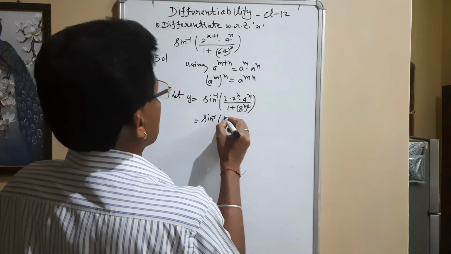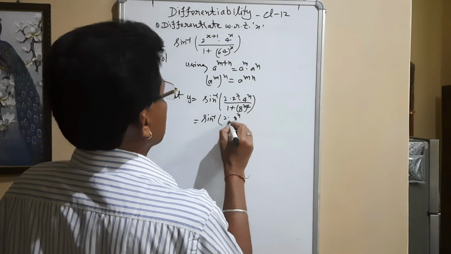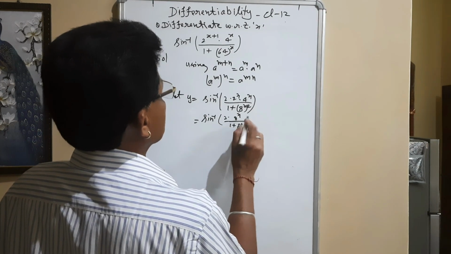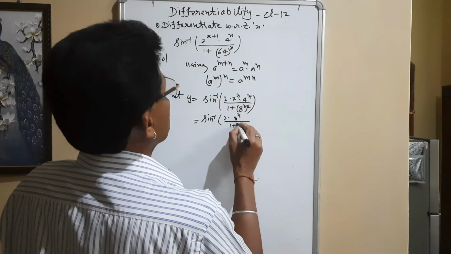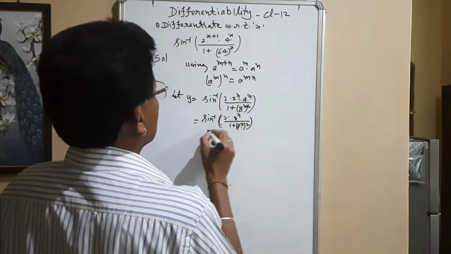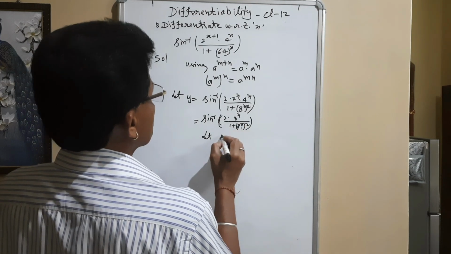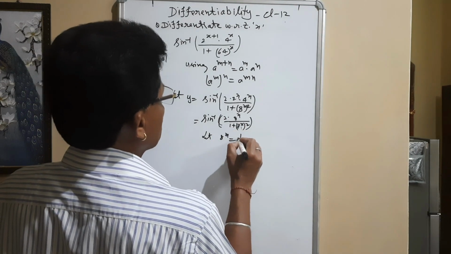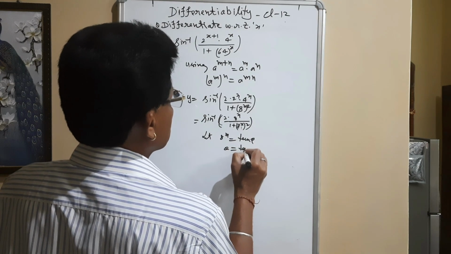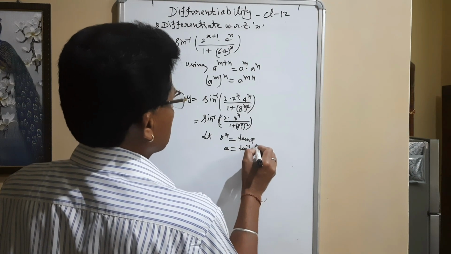That will be twice into 8 to the power x divided by 1 plus (8 to the power x) to the power 2. Let 8 to the power x be equal to tan theta, and theta will be equal to tan inverse 8 to the power x.